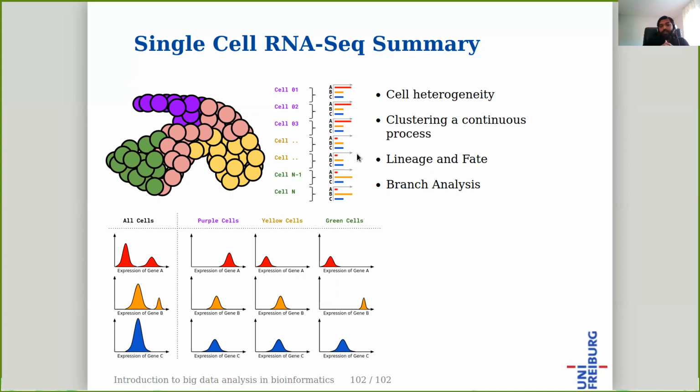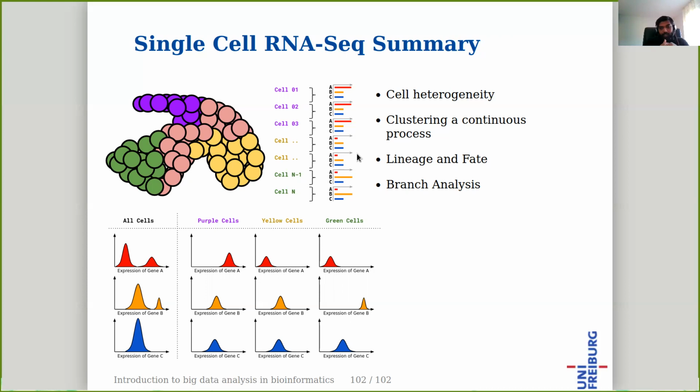And from the clustering, we also looked at how we can build lineage trees to find out which cells proliferate into which cell types and how the cell differentiation works.